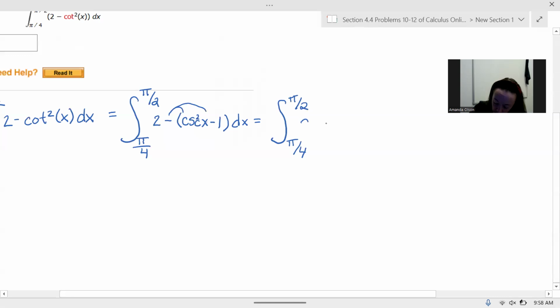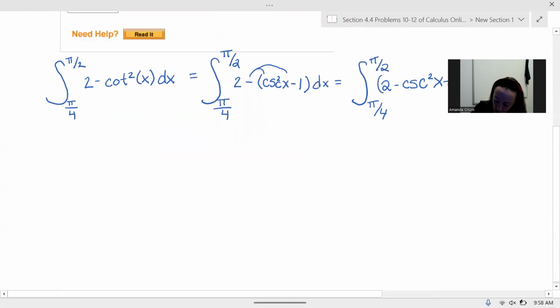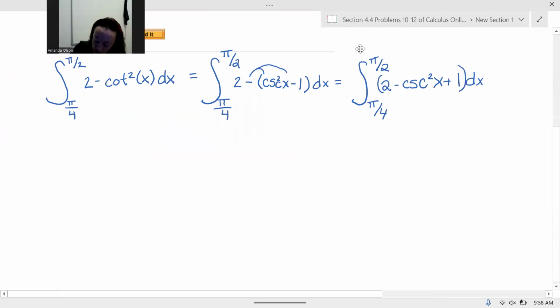So then we have 2 minus cosecant squared x plus 1 when we distribute the negative to the 1, and then dx. And then we can go ahead and combine 2 and 1 to get 3.